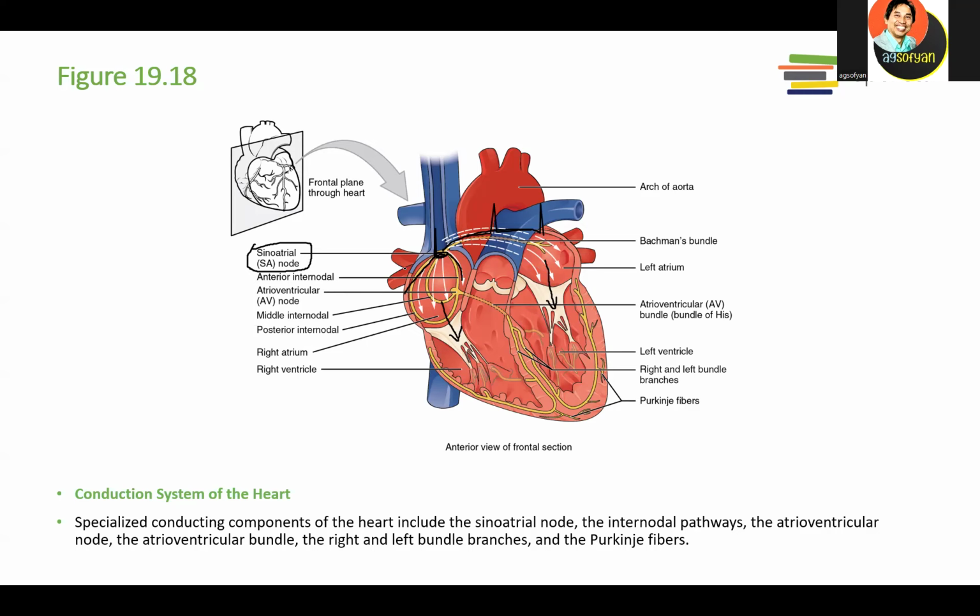So this contraction is spread from this SA node, goes to the anterior internodal, and then spreads to the whole atrial cardiac muscle. And then from here, the electricity will go to the place called the atrioventricular node.